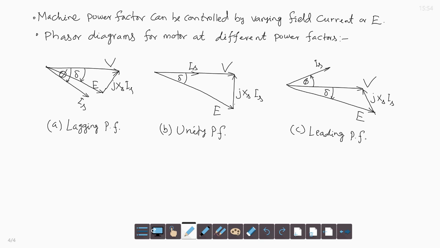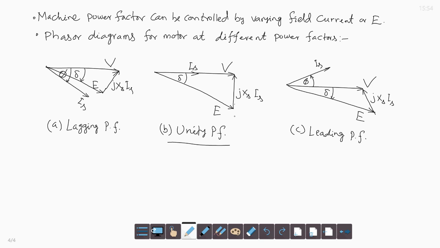As you can see, these are the phasor diagrams for different power factors: lagging, leading and unity. If you compare the phasor diagrams, in the unity power factor voltage and current are in phase, and the induced EMF E forms a right angle triangle with the other two phasors. This corresponds to normal excitation.